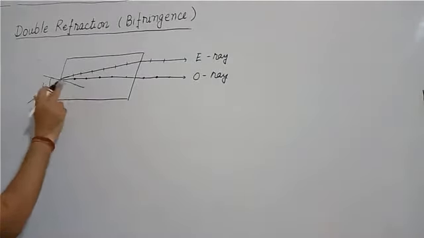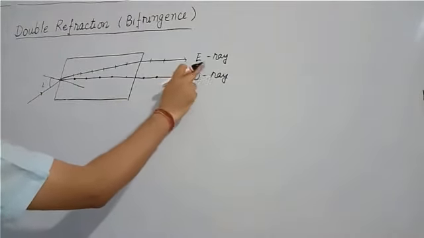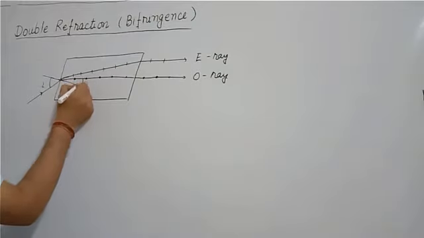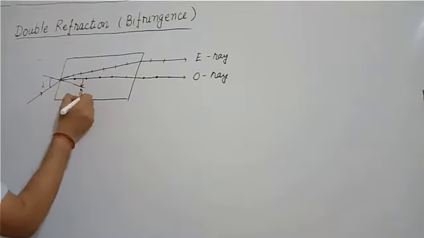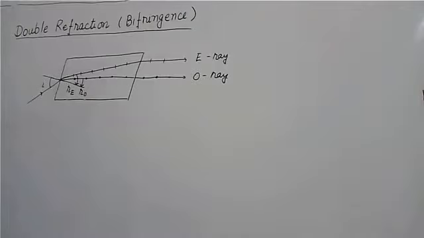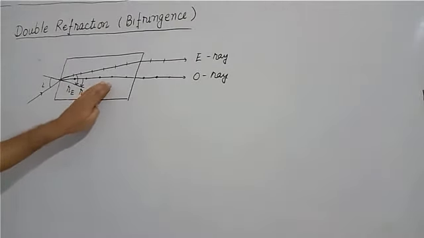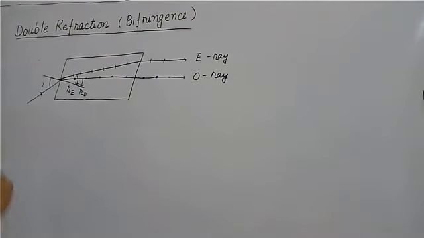So there will be two angles of refraction, one corresponding to O ray, another corresponding to E ray. Suppose this is the angle of refraction for O ray, and this is the angle of refraction for E ray. So now in this doubly refracting medium, two types of waves are traveling, one is O ray, another is E ray.